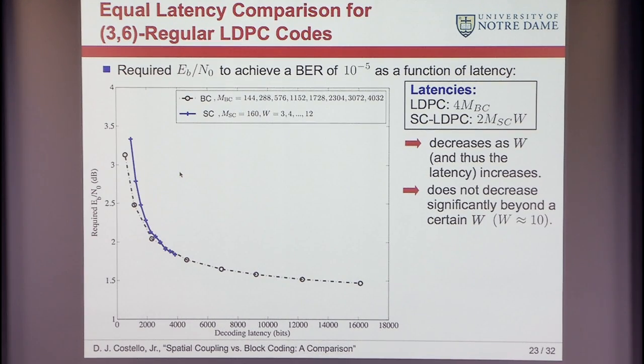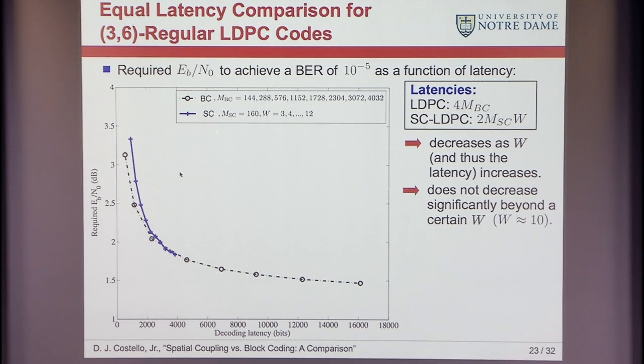Okay, what about, this goes back to equal latency again, and this picture shows the required signal-to-noise ratio. These are Gaussian channel simulations needed to get a certain latency. You can see that the block code curve is the black curve, and these are the lifting factors associated.